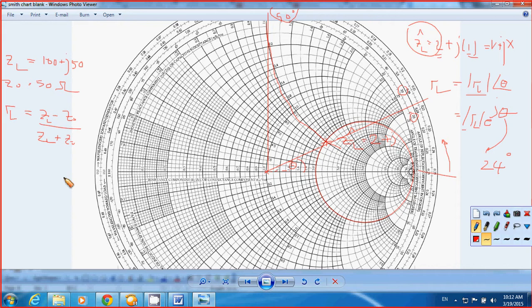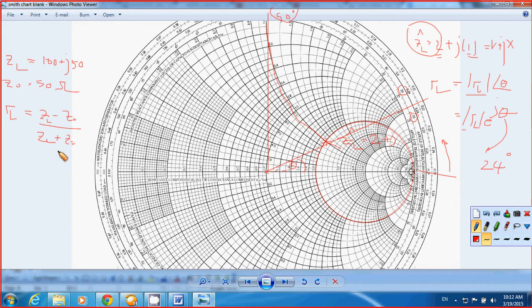That's why we call it a coefficient. Or you can take a look at the equation here. This one is ZL plus Z0. It has both real part and imaginary part. So just keep in mind that the magnitude of tau L is less than or equal to 1.